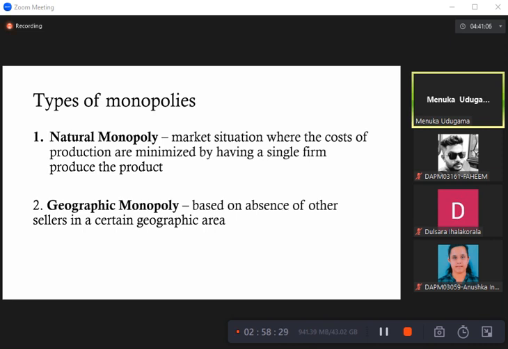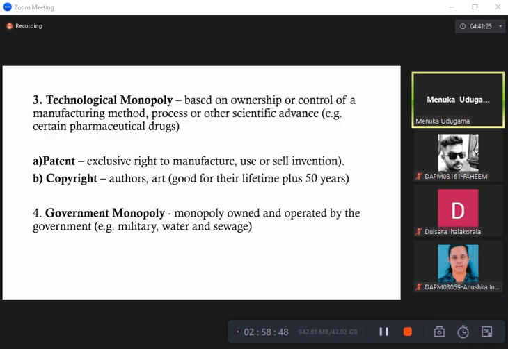Or if gold is only produced in South Africa, then that becomes a monopoly. If a particular product can only be produced in cold conditions in Nuwara Eliya in Sri Lanka, then that becomes a geographic monopoly. Oil, for example.